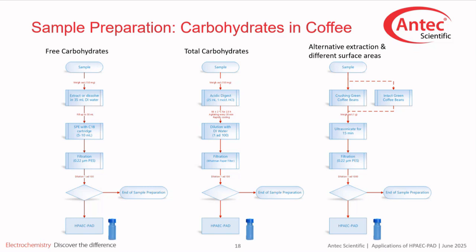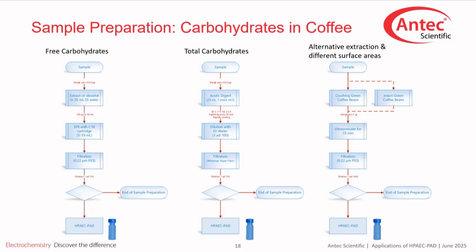The AOAC method 995.13 utilizes anion exchange separation with deionized water, followed by the post-column addition of sodium hydroxide. The following slides represent an improved HPAEC-PAD method using the SweetStep AX20, enhancing detector sensitivity and accuracy without the need for post-column sodium hydroxide.